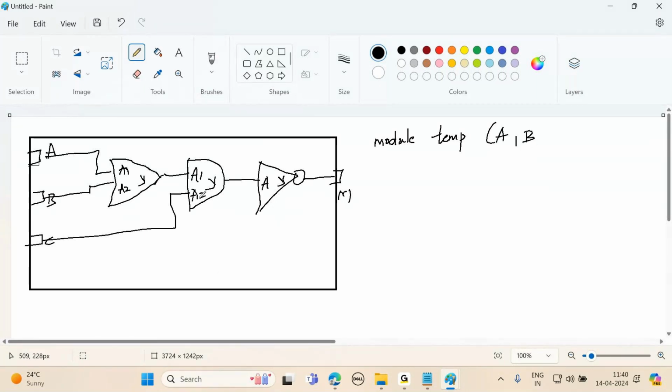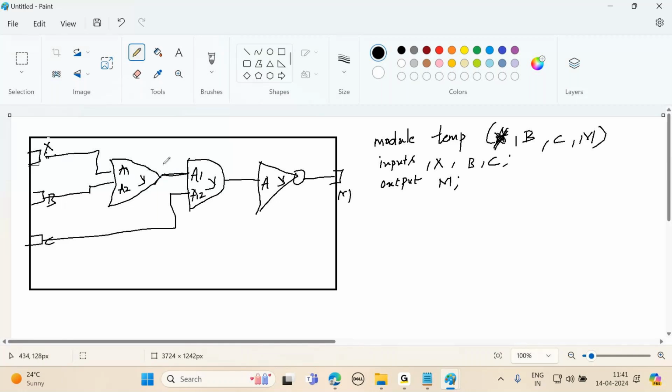See, already I'm using the port name as A, so instead of A, I use some X. The inputs are X, B, C, comma, output is M. So I should declare the inputs: X, B, C, output is M. These are the intermediate wires.